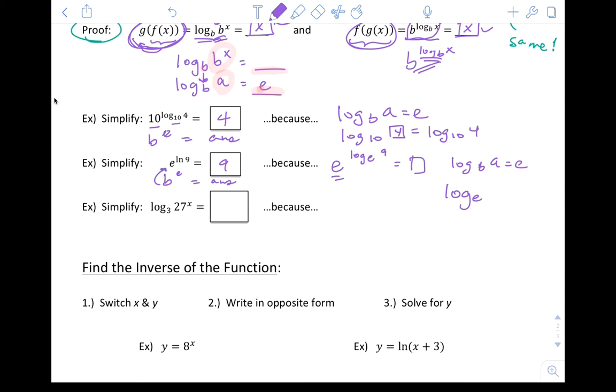You have an answer, and in the answer spot is an empty box at the moment, and that equals an exponent. The exponent is the natural log of 9. Natural log is log base e. So if log base e of box equals log base e of 9, what does the box have to be? It has to be 9.